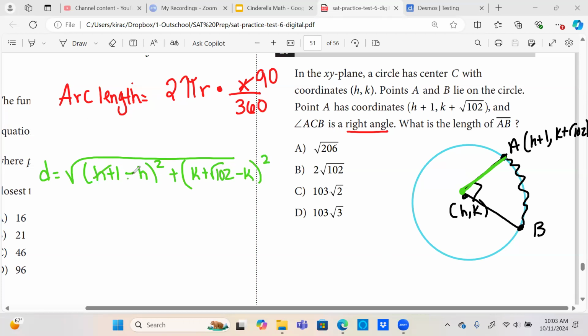Okay, the h would cancel and you'd get 1 squared, which is 1. The k would cancel and you'd get root 102 squared, which is just 102. So you get 103, but then that's all under a root. That's your distance, which is the radius, root 103. Okay.